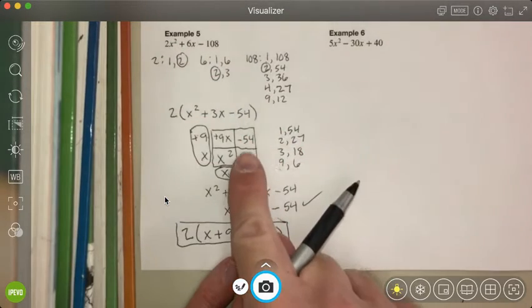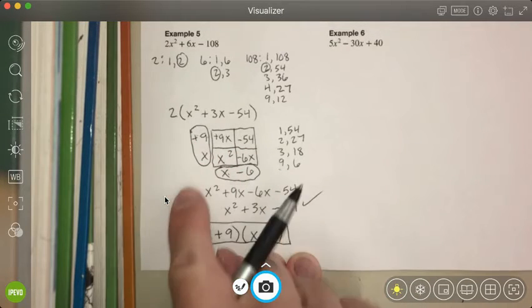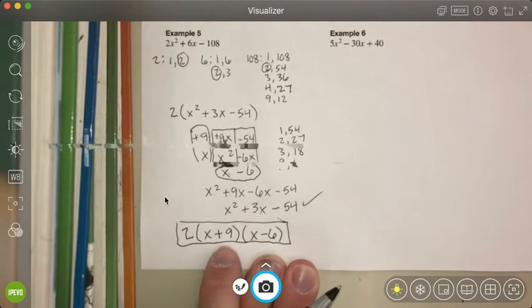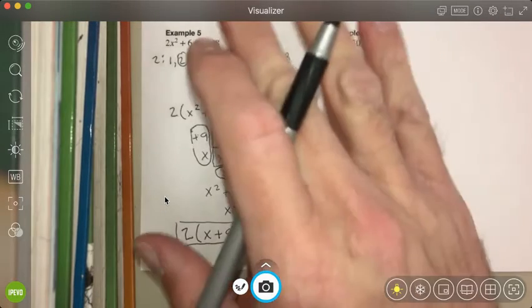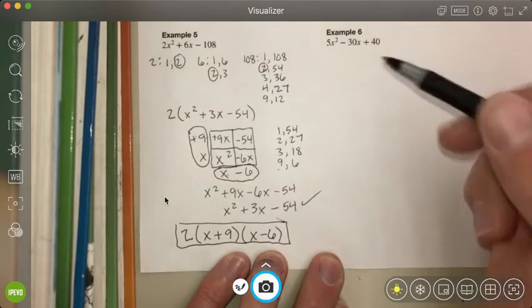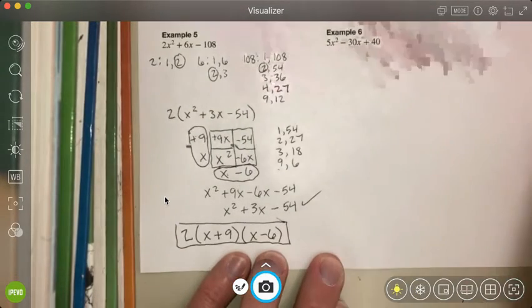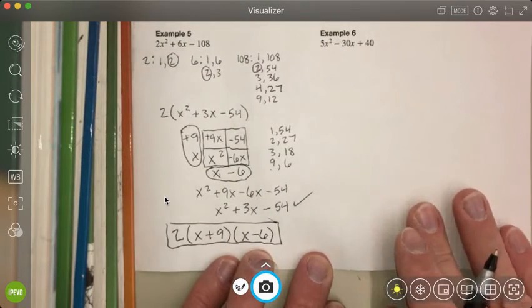Now I know how to factor that with my box method, so I did. And so now that 2 is being paired with the 2 factors of that trinomial. Once again, I always write down all of my steps. Some of you have shortcuts that work, so maybe you don't need to create all of this, or maybe you do. It's all about identifying what works best for you as a learner.